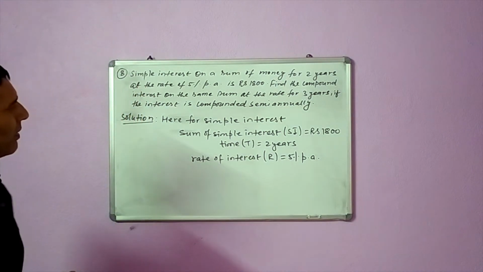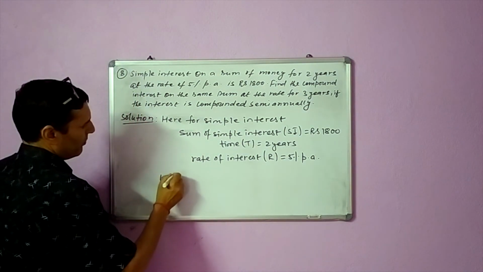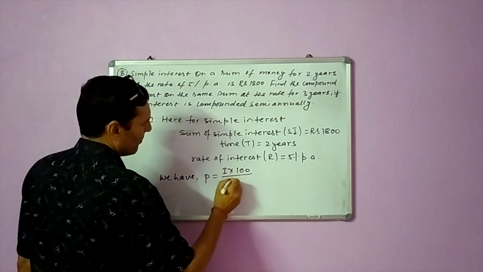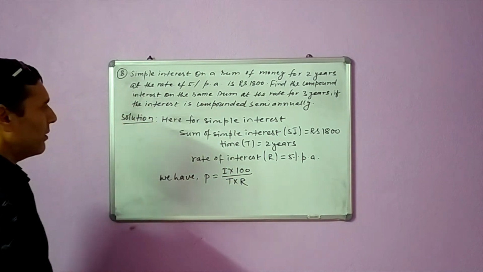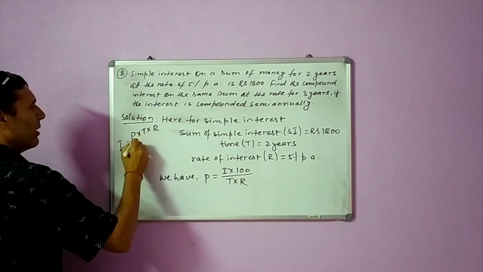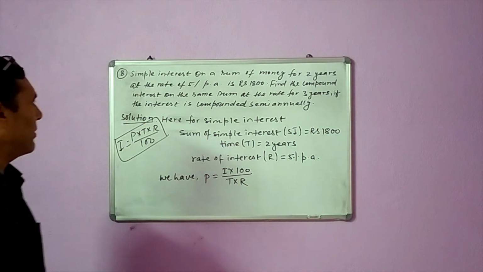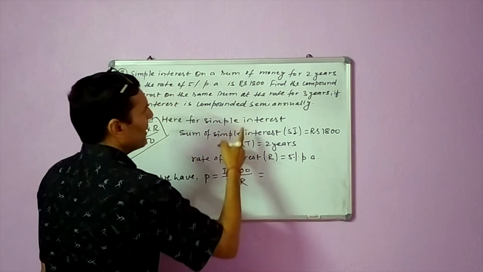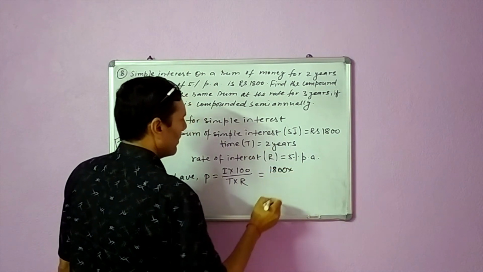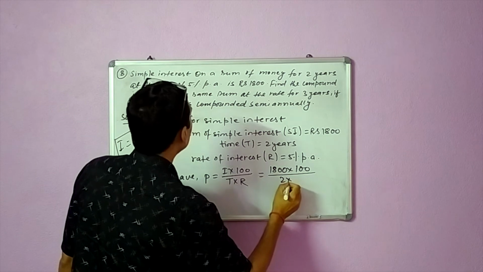We find that sum of money, that means the principal, where P is equal to I into 100 upon T into R. By using the formula I is equal to P into T into R upon 100, we have P is equal to I into 100 upon T into R. So I, simple interest, is given here: 1800 into 100 upon T is 2 years, R is 5%.